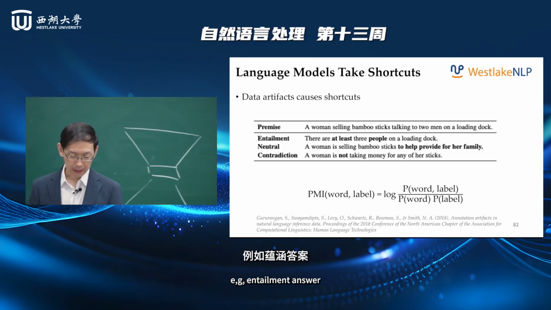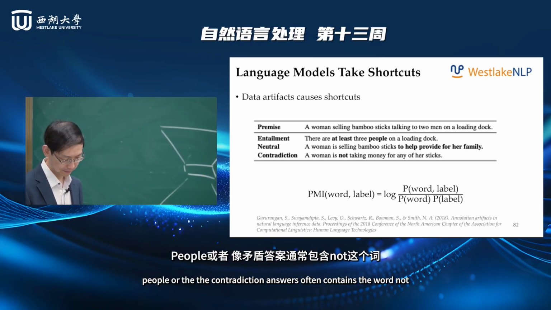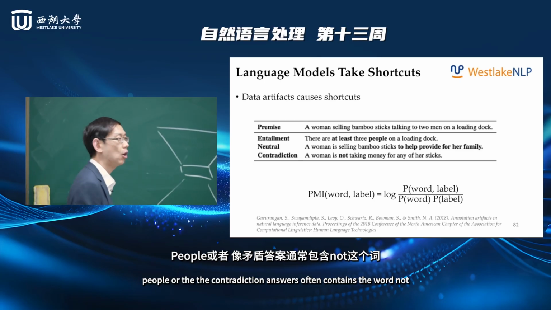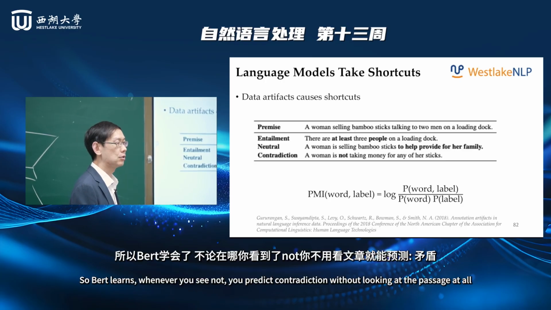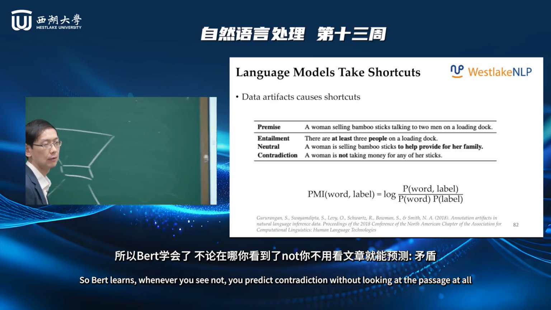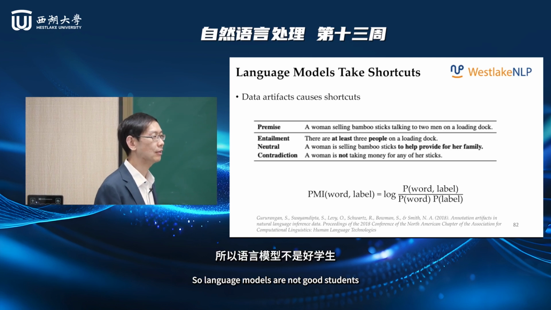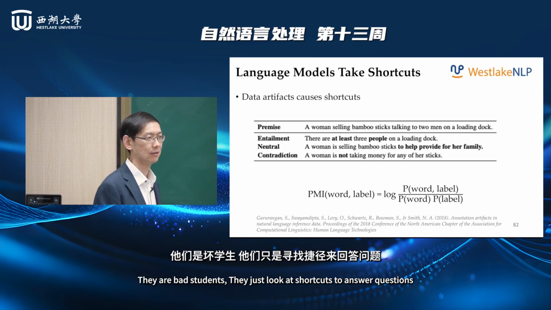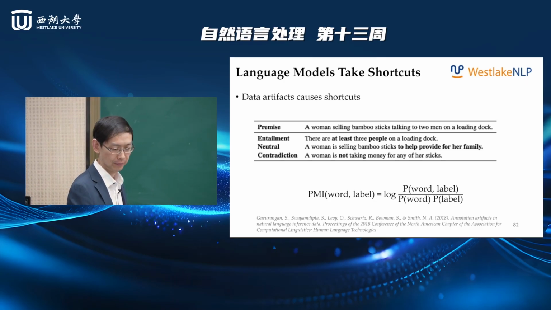For example, entailment answers often contain words like "people," or the contradiction answers often contain the word "not." So BERT learns, whenever you see "not," you predict contradiction without looking at the passage at all. So these are called shortcuts. So language models are not good students. They are bad students. They just look at shortcuts to answer questions.